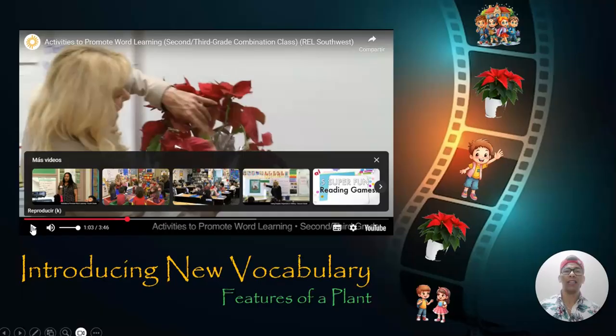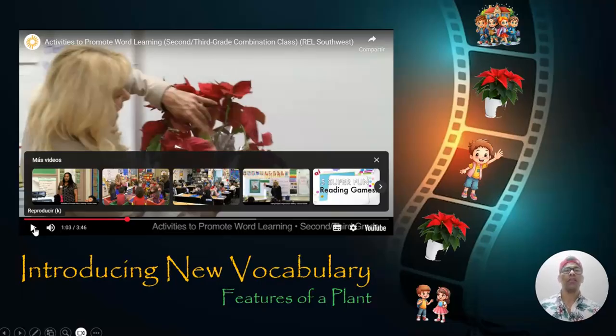She's promoting active participation. Now, another principle of language acquisition is interaction and feedback. As the teacher is asking questions related to the plant, like in this case, what the features are, she is promoting the interaction between the students, making possible sharing information among the students, as well as when they participate, when they give their ideas about the plant, the teacher is complimenting.